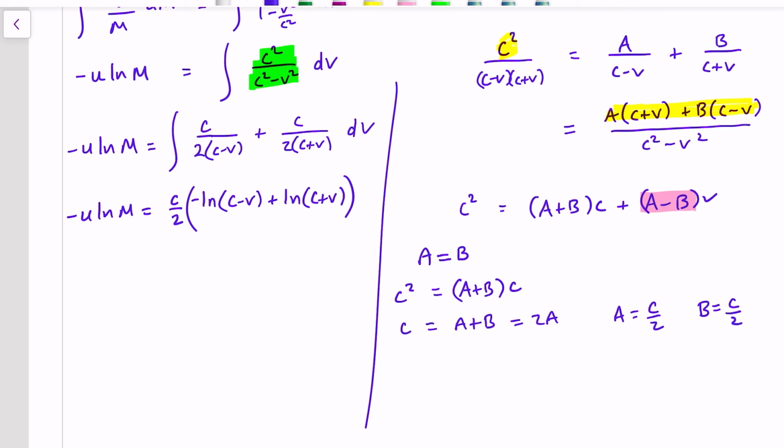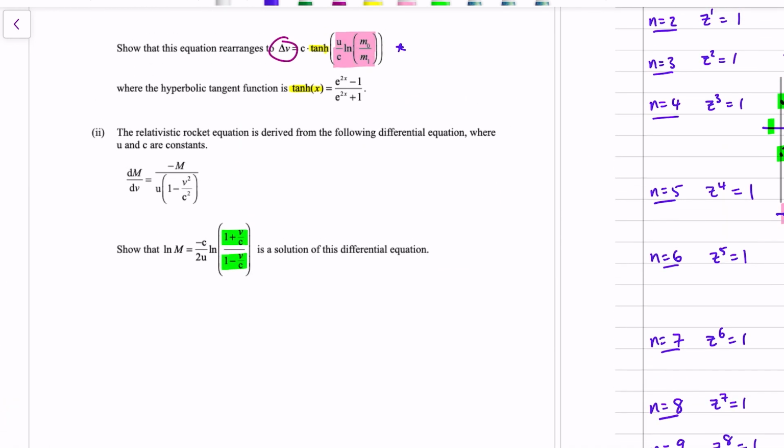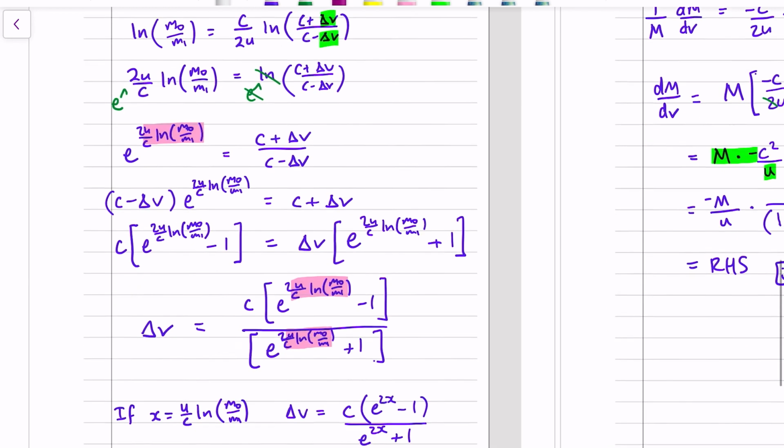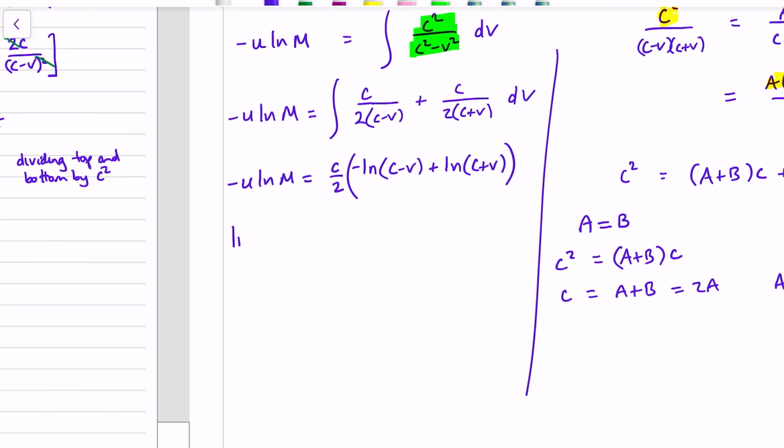So assuming that the integration constant is 0, looking at the solution and where we're trying to head, the solution that they gave us a long time ago had ln m as the subject. Okay, it's there, ln m, and so we need to just make ln m the subject of the solution we've just arrived at, and that's ln m divided by minus u, so we've got minus c over 2u, and then we can put the logs together because we've actually got two logs subtracted there.